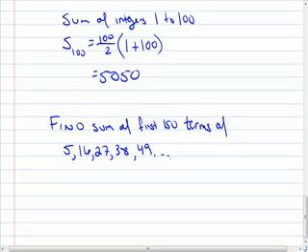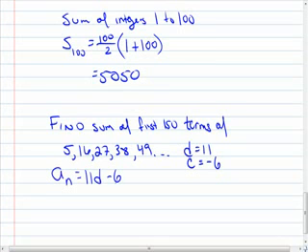But we know it's arithmetic, and there's a common difference, and that common difference is what? 11. And C is that first term minus 11. And the nth term is 11n minus 6.